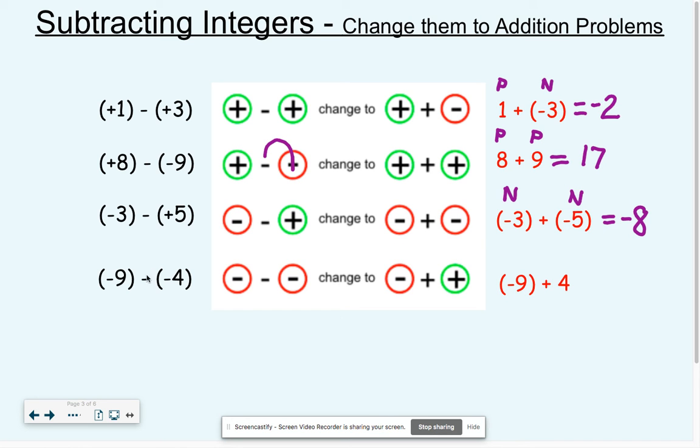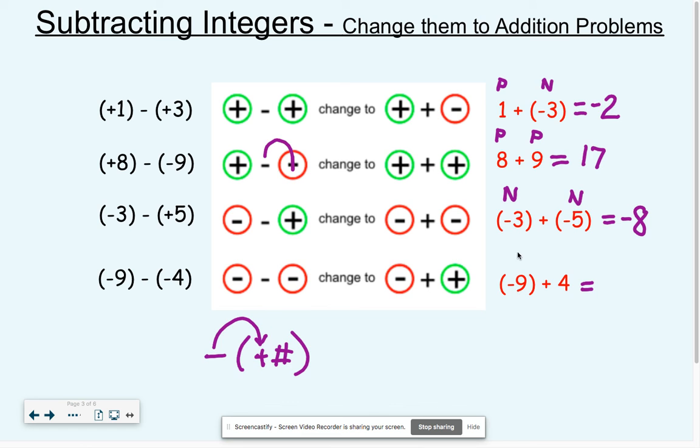Because we have a minus negative number, again, anytime you have a minus negative number, you are really just pulling this over to connect and make it a positive. So we keep our -9, but our minus -4 turns to a +4.